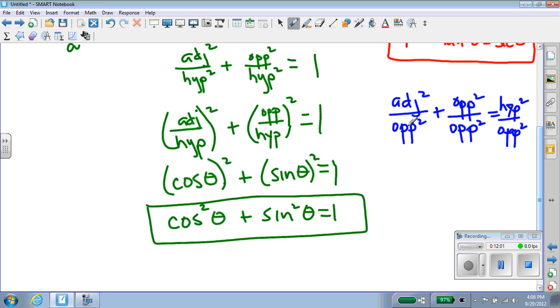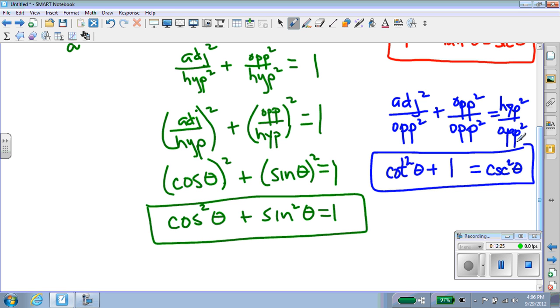Adjacent divided by opposite is cotangent of theta squared. Opposite divided by itself is 1. Hypotenuse divided by opposite is cosecant of theta squared. So now we have the third Pythagorean identity and all of its related facts.